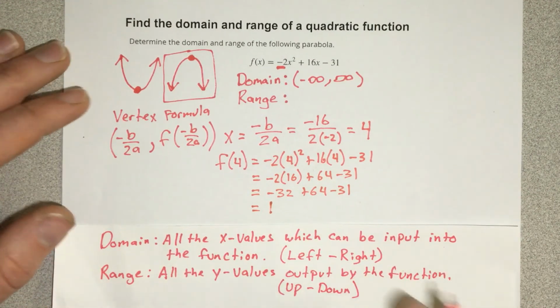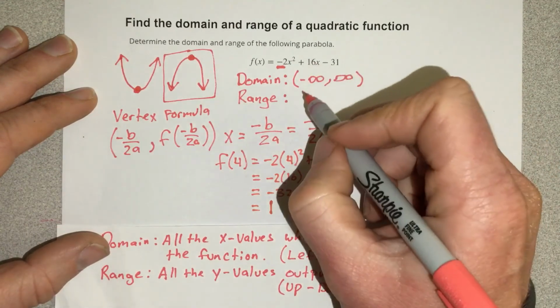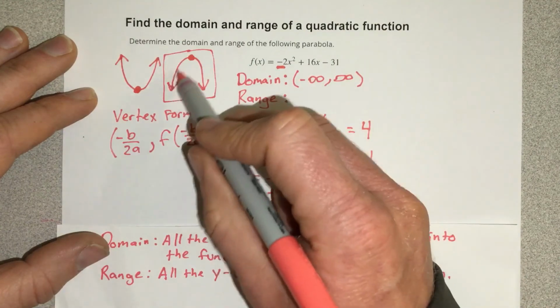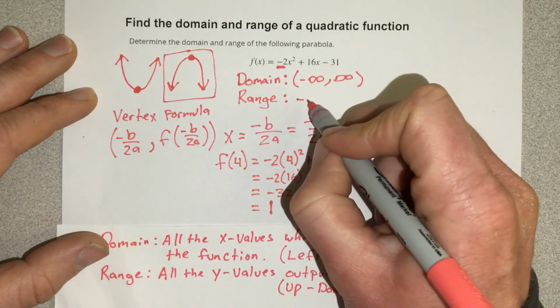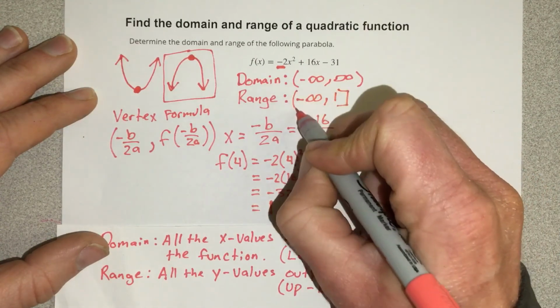So my y value is 1, meaning my range is going to be, remember, this is going to be a max because we're talking about a downward facing quadratic. My range is going to be from negative infinity to 1, and we can include 1 because that's the vertex.